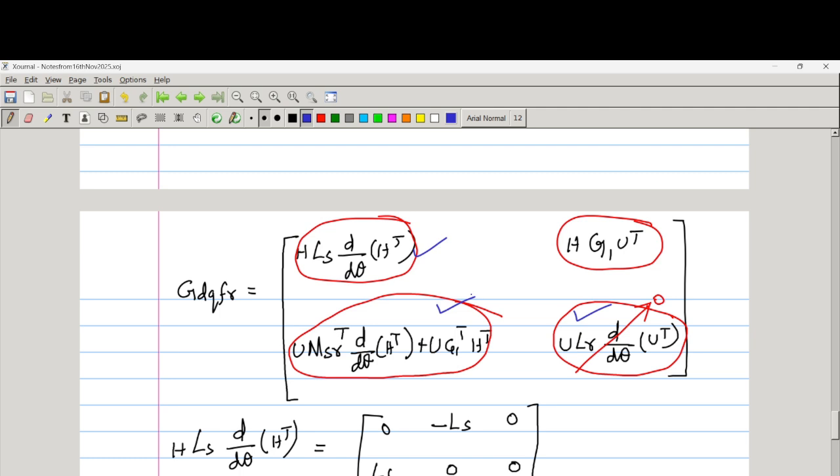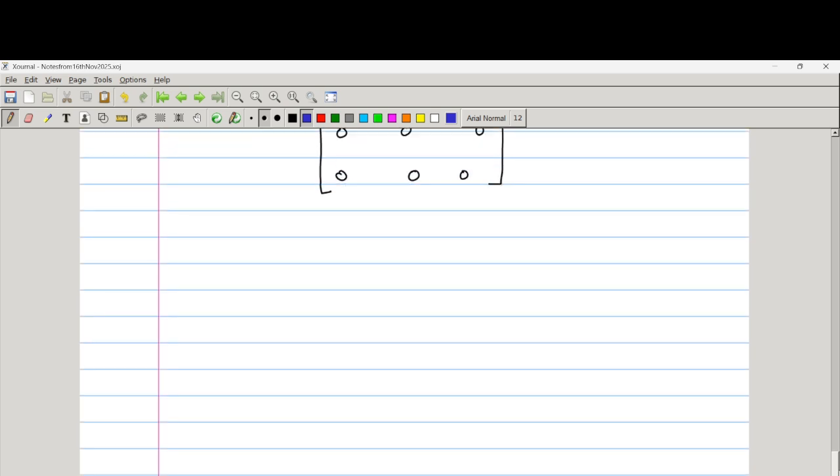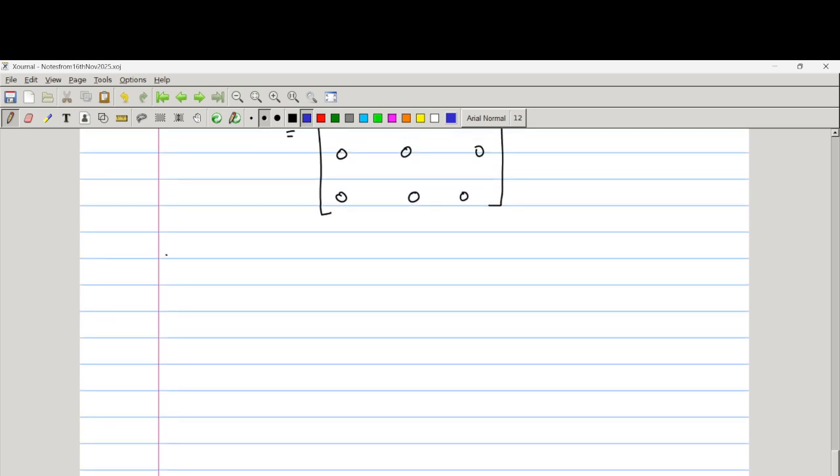So the HG1 unit matrix U transpose, when we do it, gives the value 0 minus M 0, then 0 M 0 0, then 0 0 0.